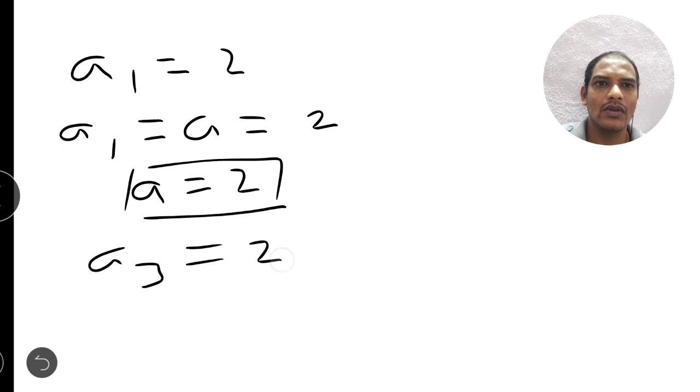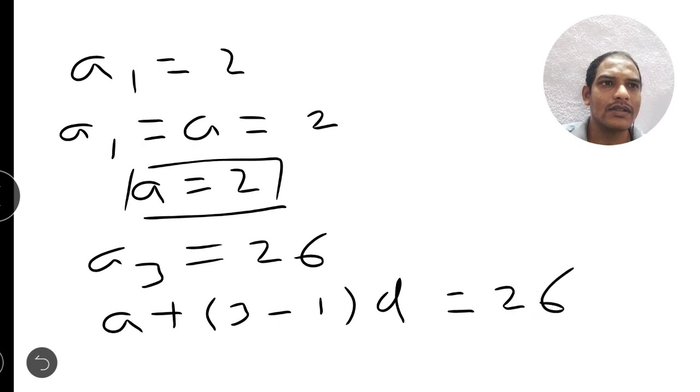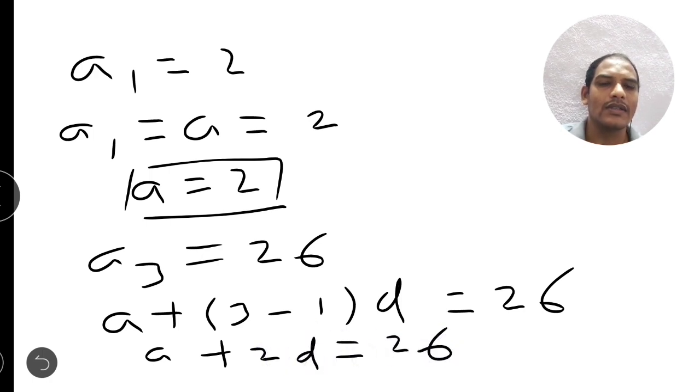A3 equals 26 means in the a n formula substitute n equals 3. So a plus 3 minus 1 into d equals 26. So a plus 3 minus 1 is 2d equals 26. Now substitute the a value 2 in this equation.